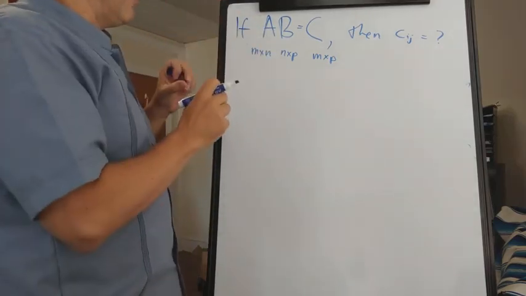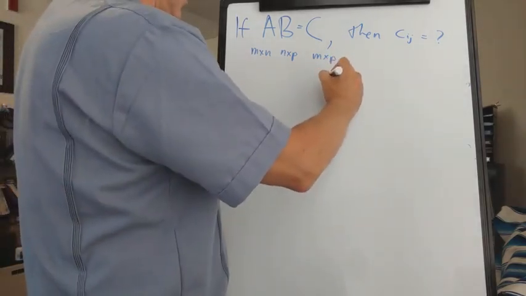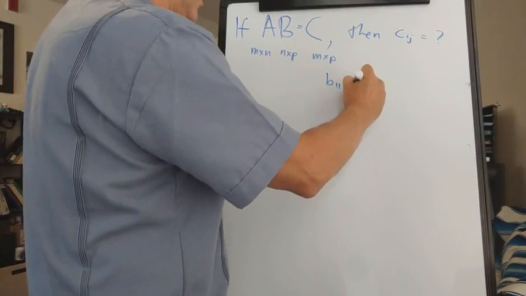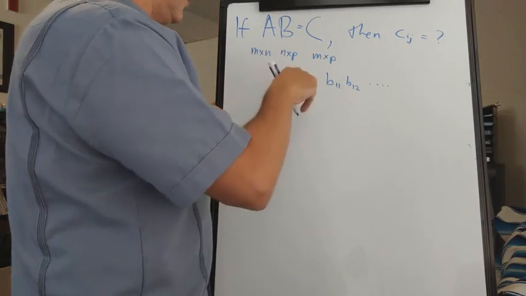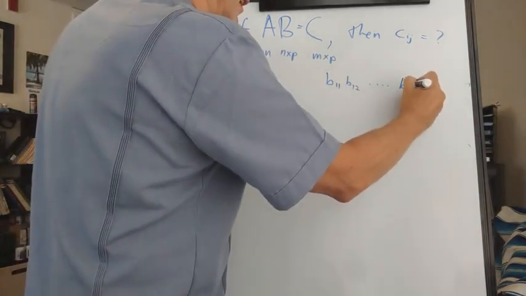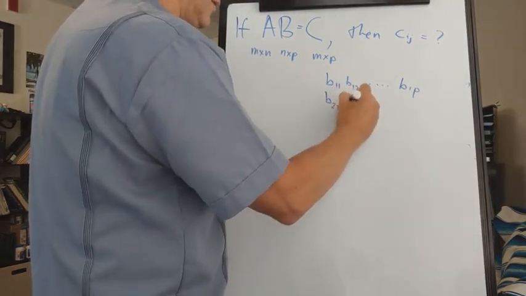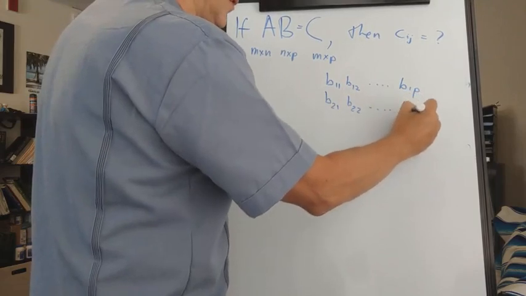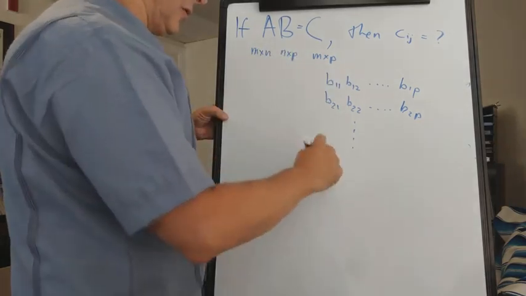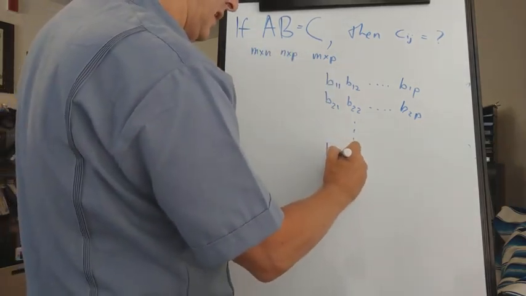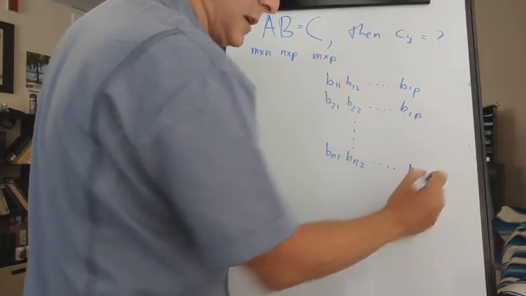Well, when I multiply matrices, I like to drop the A lower than the B. So let me start writing B entries here. We've got B11, B12. If B is an n by p matrix, that means there are p columns, so the last entry in the first row would be B1p. Then below that we have B21, B22, up to B2p. And if B is an n by p matrix, then we have n rows, and the nth row is Bn1, Bn2, up to Bnp.